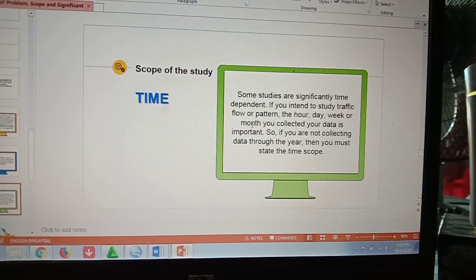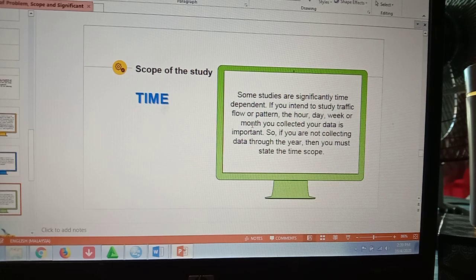Finally, time. You must also indicate time. The study will be conducted from, for example, September 2020 until September 2021. There must be a time statement. If you do not know the time, since we are doing a research proposal, we are just pretending, so just put it in.